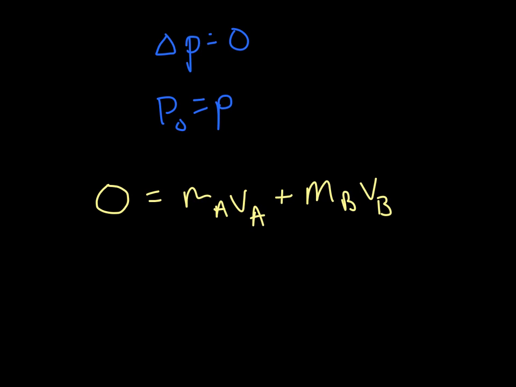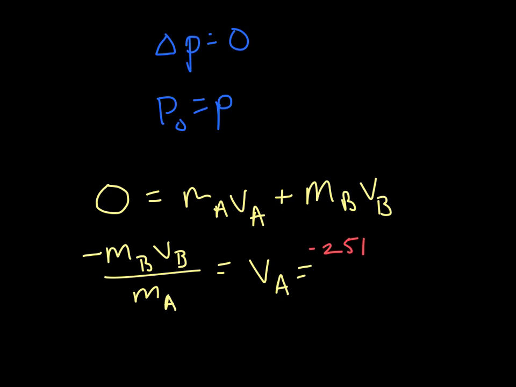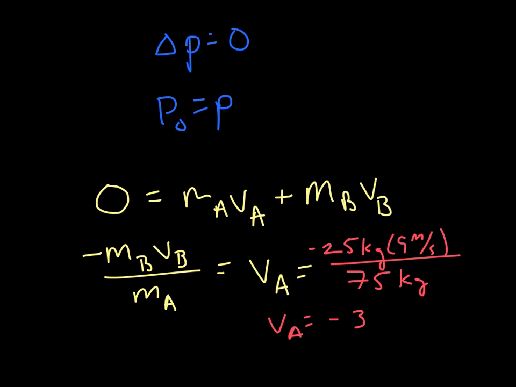So if you want to find the velocity of the astronaut, this is minus m bag, velocity of the bag, over mass of the astronaut equals velocity of the astronaut, which equals minus 25 kilograms times 9 meters per second over 75 kilograms. The velocity of the astronaut in this case is negative 3.0 meters per second.